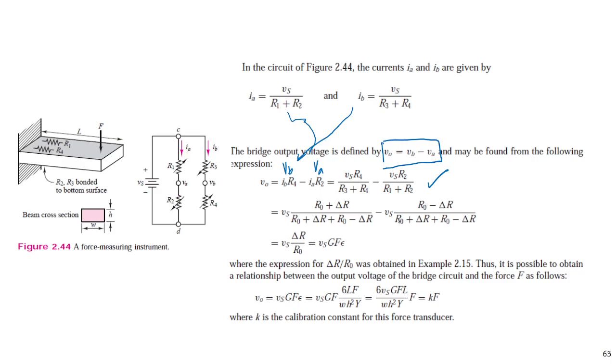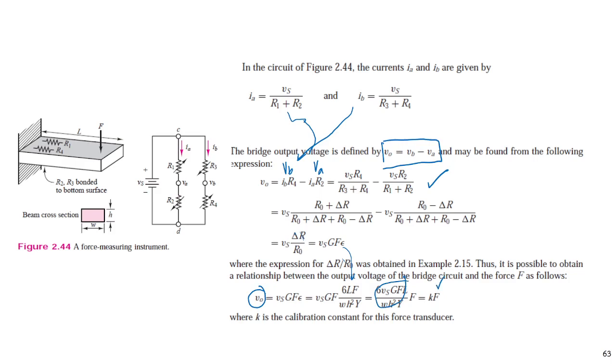Then we can rearrange these into this form, and it becomes delta R divided by R0. And delta R by R0 is GF times epsilon. Then we substitute epsilon with this formula. Finally, VO becomes a constant times the force.